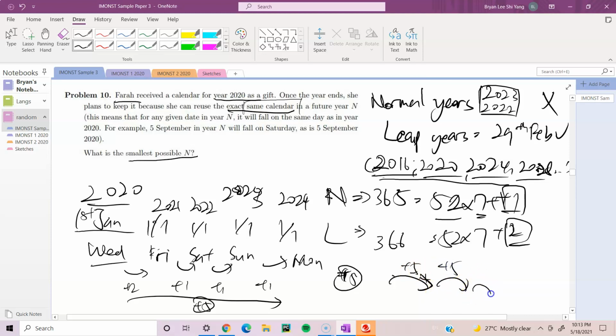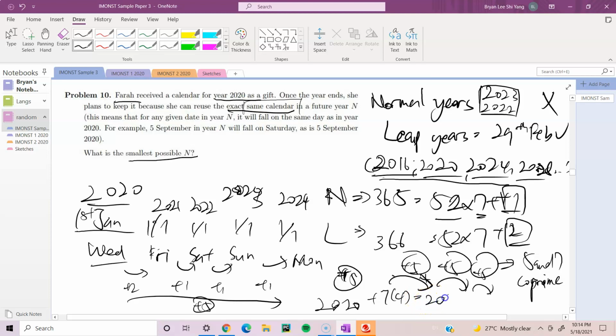Since 5 and 7 are co-prime, meaning that they do not share any common factor other than 1, from 2020 we will need to add 7 times 4, because it is once every 4 years, which gives 2048. So 2048 is the smallest possible N that Farah can use the calendar, but I don't know how old Farah will be. So this is the answer for problem 10, which is 2048.